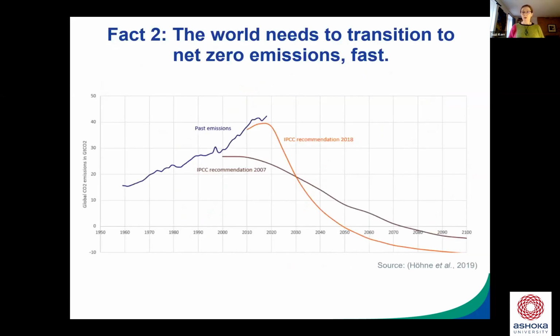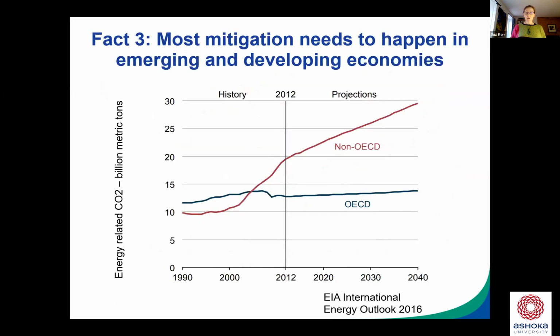Second fact, we know that the world needs to transition to net zero emissions and needs to do it really fast. And Som's graph showing how much faster we have to do it with every year that we delay is pretty scary and compelling. Another fact which a lot of people, particularly in the US or in Europe, don't necessarily seem to appreciate is that most of this mitigation is going to have to happen in emerging and developing economies.